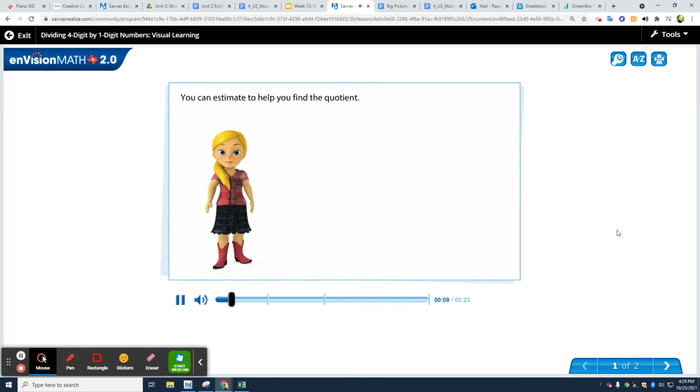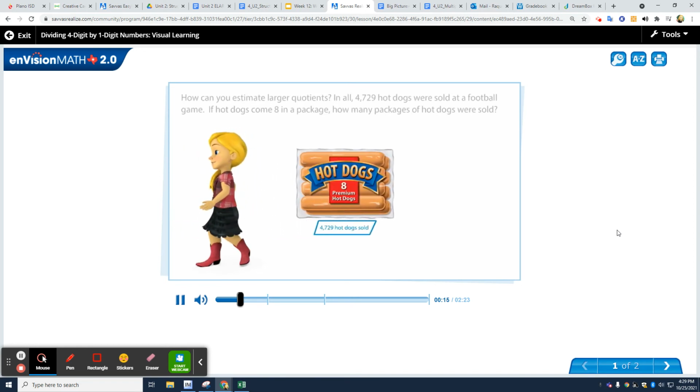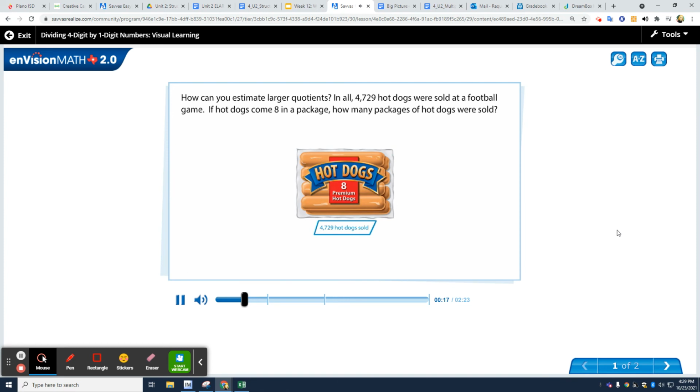You can estimate to help you find the quotient. How can you estimate larger quotients? In all, 4,729 hot dogs were sold at a football game. If hot dogs come 8 in a package, how many packages of hot dogs were sold?